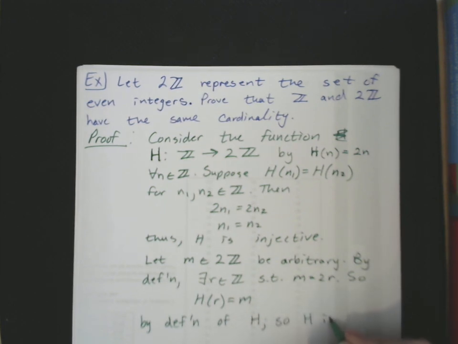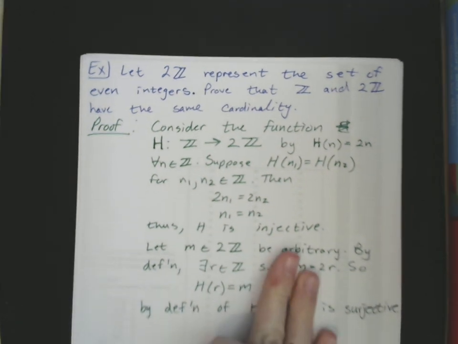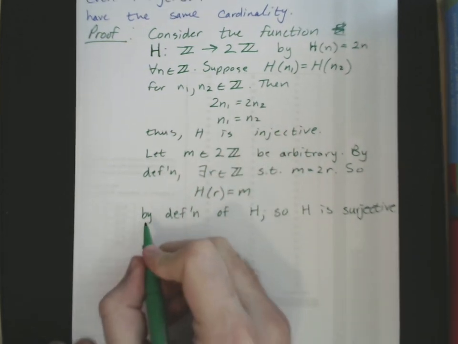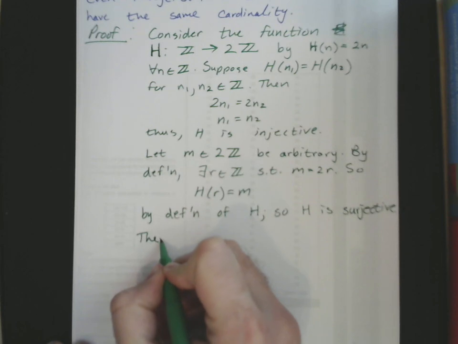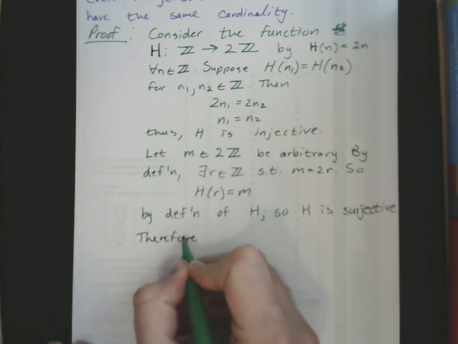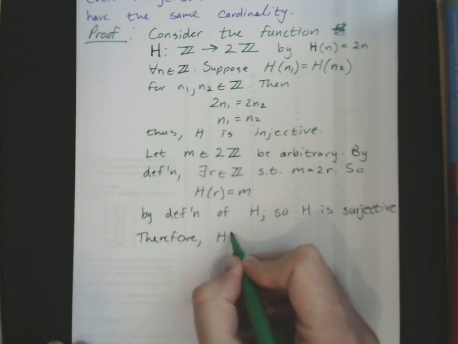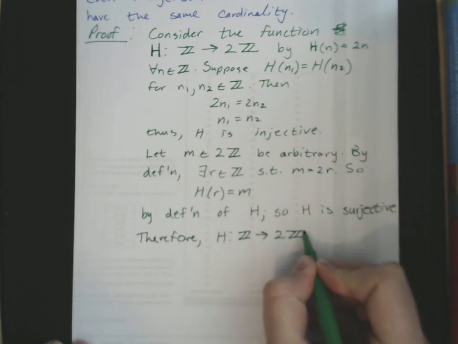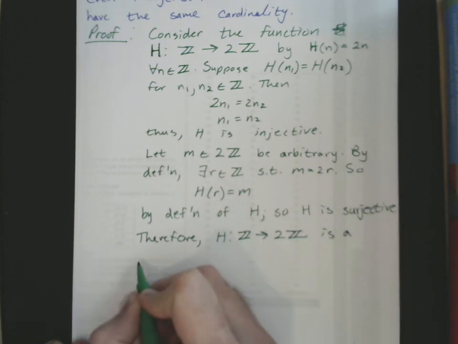So h is surjective. And since we have an injective, surjective function, therefore h that maps Z into 2Z is a bijection.